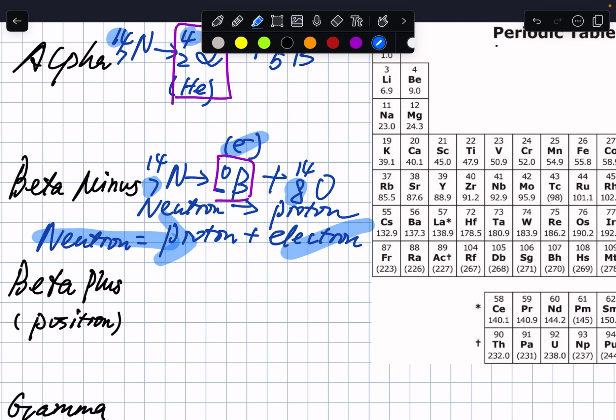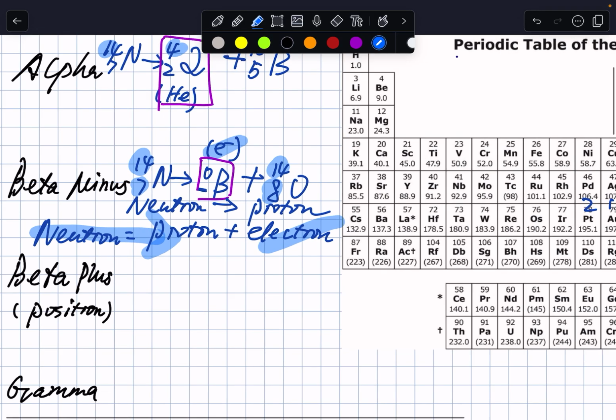That's why my atomic mass is constant, 14 to 14. But my proton number increased by 1. That's why I go to the periodic table, I move 1 atom forward, to get my new atom that it becomes after the emission of beta minus decay, okay?